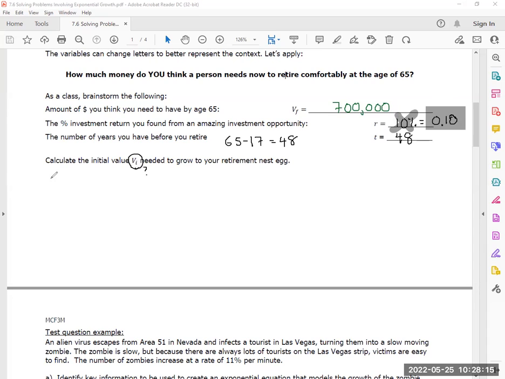So follow with me. The formula is the final value. I like to write the letter amount, but that's okay. Final value is equal to, or sometimes I call, instead of VF, I call it future value. They're all the same. The final value is going to be the initial value times 1 plus r to the power of time.